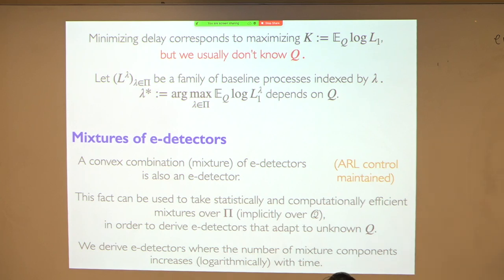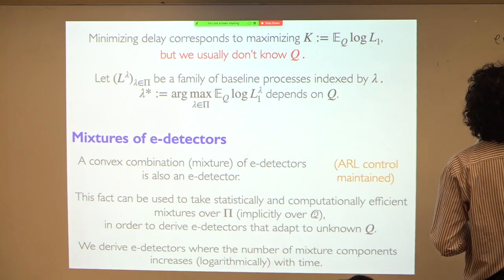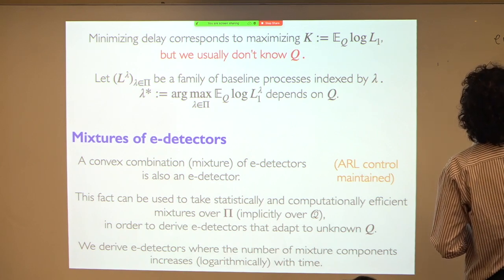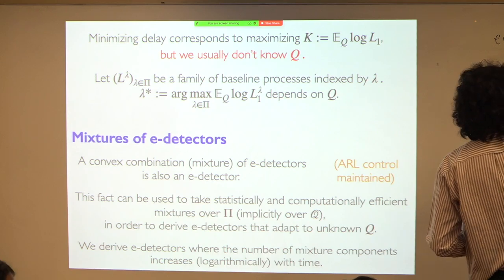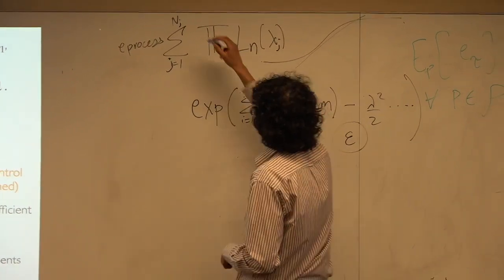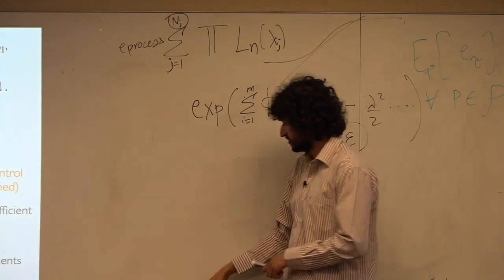Essentially you want it to be computationally feasible. So the mixture is not just one term of this kind, but remember that this depends on lambda, and what I would like is effectively to say I'm going to sum from some j mixture components, from n_j, and I'm going to sum these for some particular lambda_j, and I would like the number of mixture components not to grow too large with time.